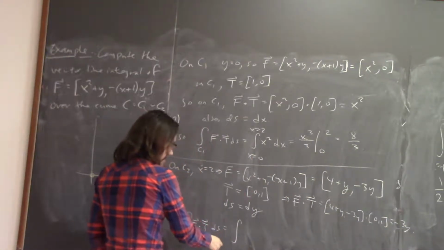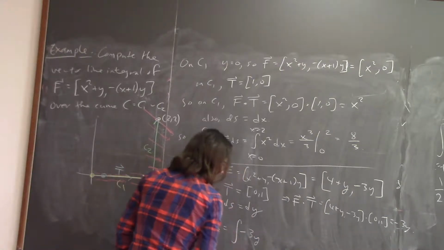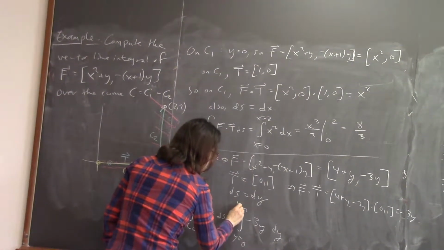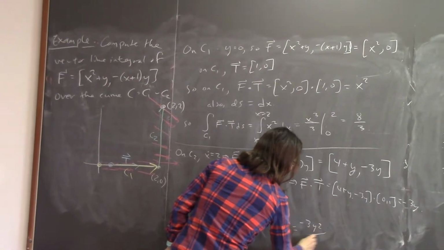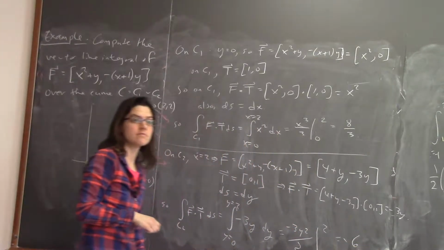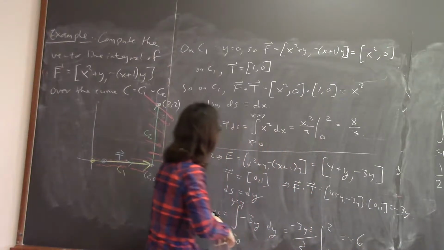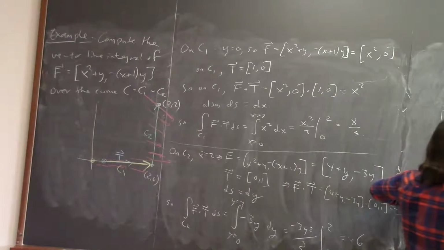So this is negative 3y times ds, which is dy, from y equals 0 to y equals 2. That's negative 3y squared over 2 from 0 to 2, which comes out to negative 6. So we expected that it would be negative because it looks like the vector field is always working against us, and it did come out negative, negative 6.